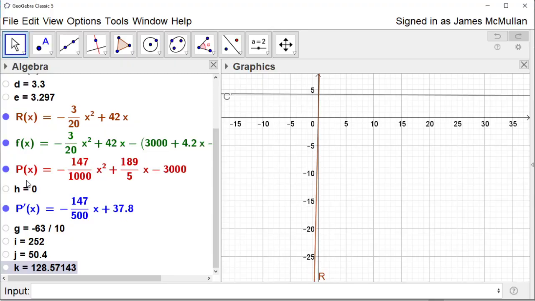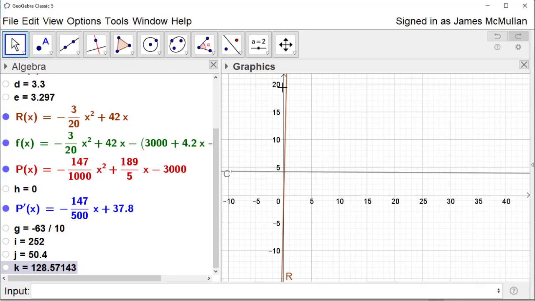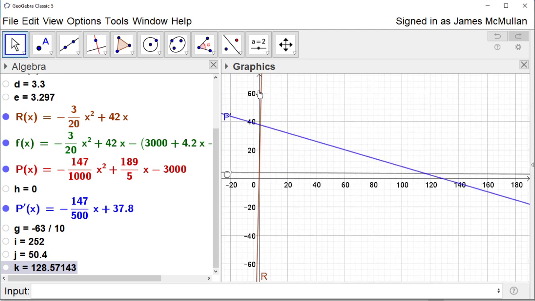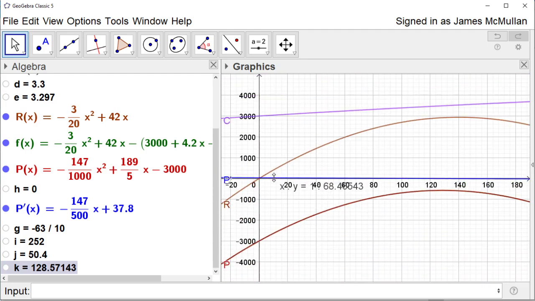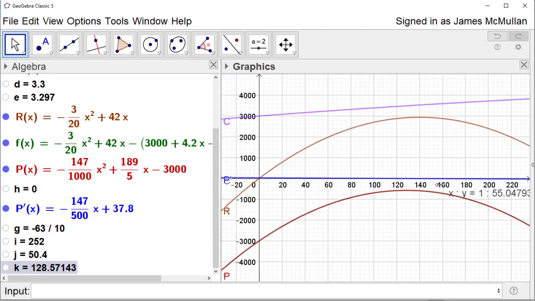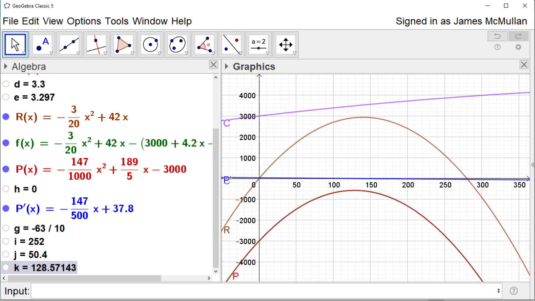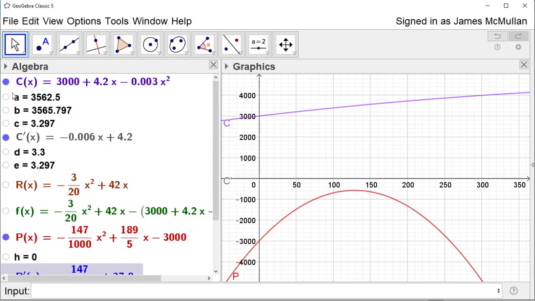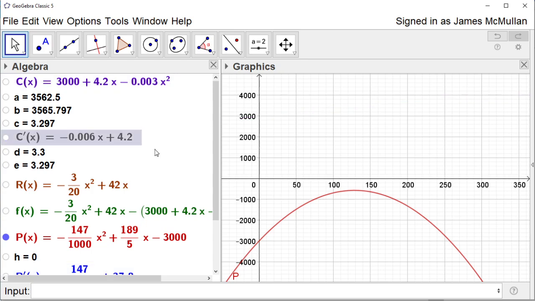Now, let's look at the profit function for a sec. So we'll zoom this out. Okay, so let's hide everything but the profit function. Now, the best this company can do is located here.